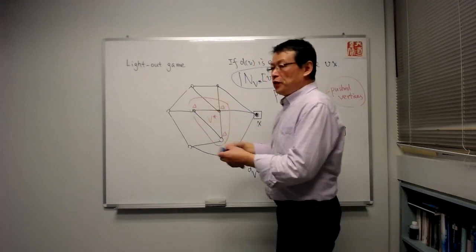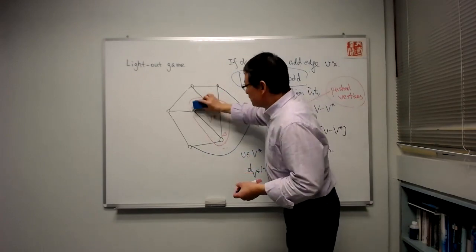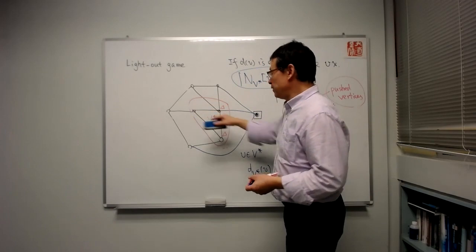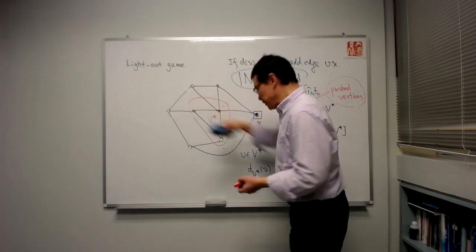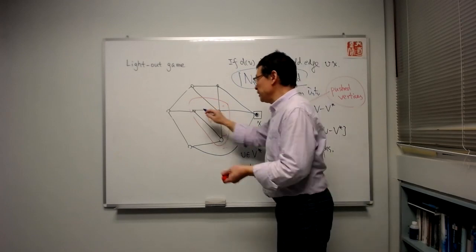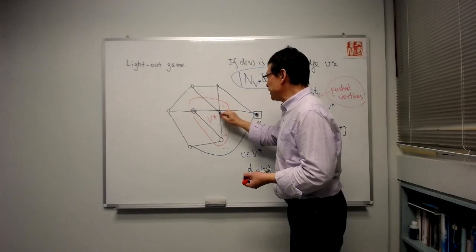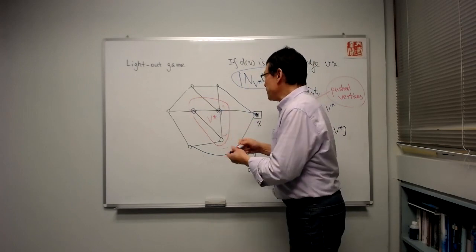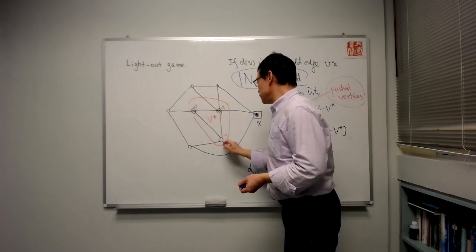If you want to look at the order, when I push this vertex, that one will be off, this one off, this one is off. When I push this vertex, lights off. Now when I push this vertex, lights will be on. This one will be on, this one will be on.